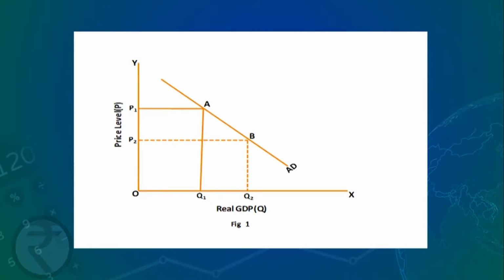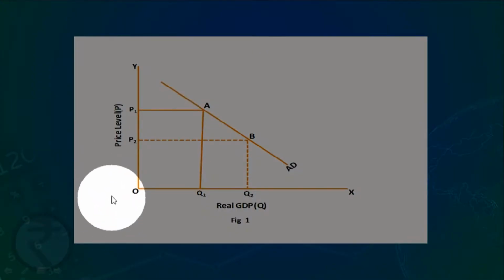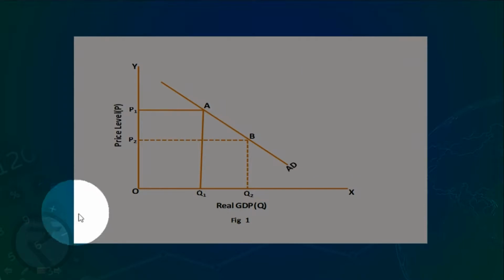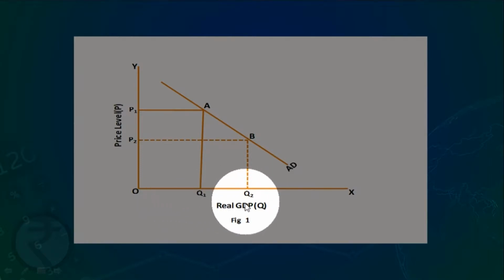In figure 1, on the x axis we have shown real GDP, that is Q. On the y axis we have shown the price level. When the price level is OP1, quantity demanded of real GDP is OQ1, and when the price level falls to OP2, quantity demanded of real GDP increases to OQ2.